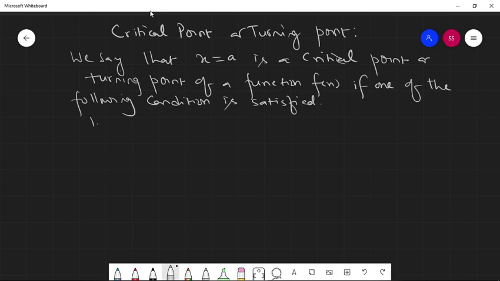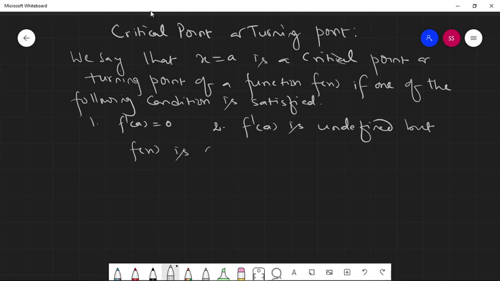First of all, f dash a equals 0, and second, f dash a is undefined but f of x is continuous at x equal a.